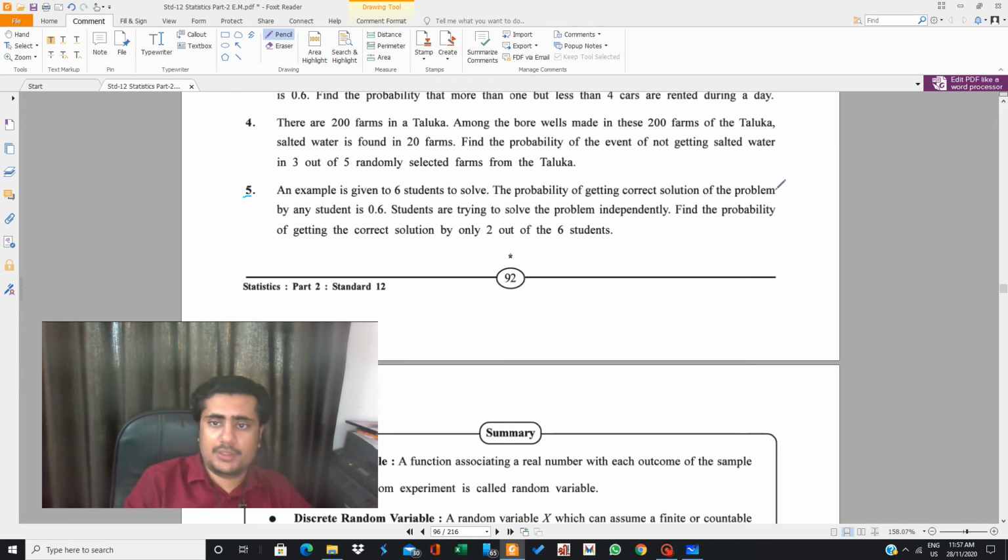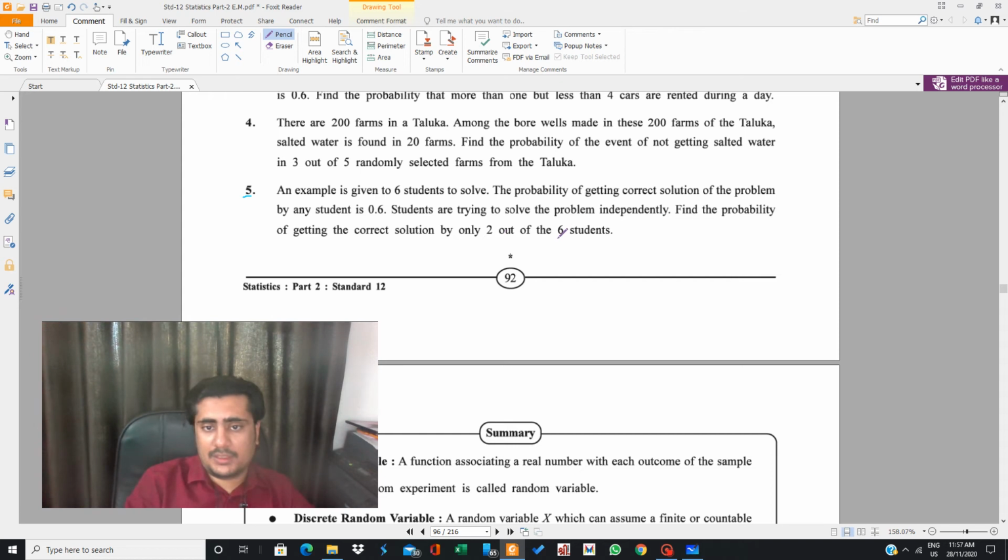The probability of getting the correct solution of the problem by any student is 0.6. Students are trying to solve the problem independently. Find the probability of getting the correct solution by only 2 out of 6 students.